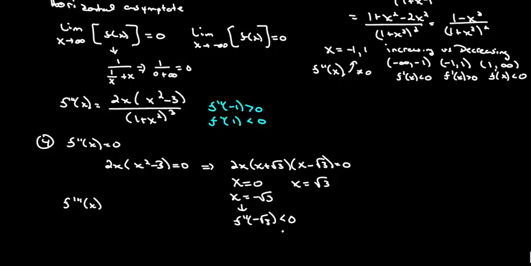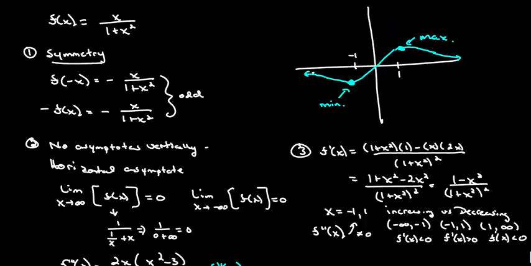And since this guy is negative, that means that we must be concave up. So we know that where negative 2 is, this is concave up, okay?